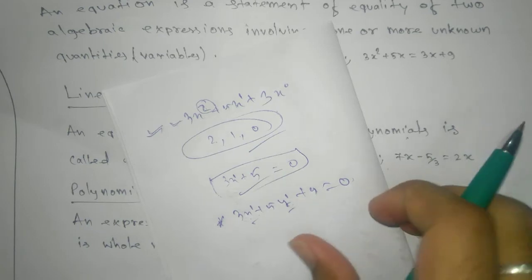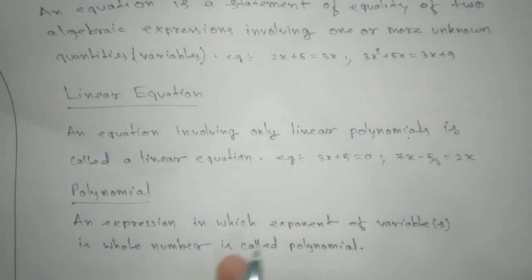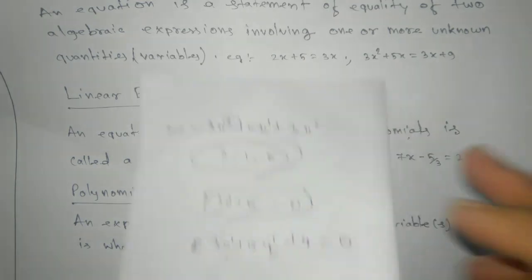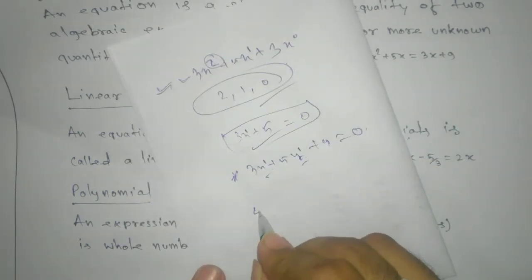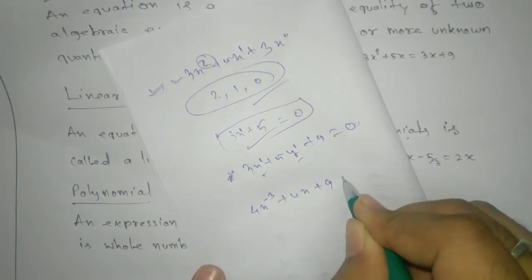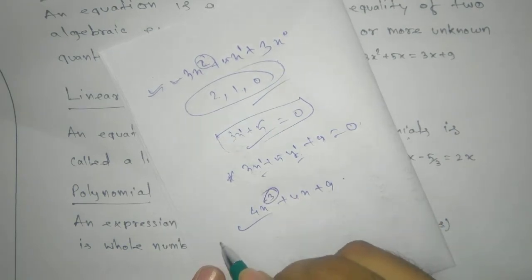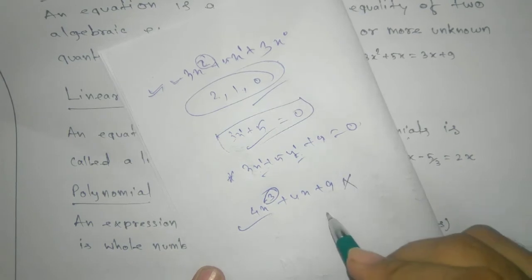So a polynomial means an expression in which the exponent of the variable is a whole number. Like if I take 4x to the power minus 3 plus 4x plus 9, is it a polynomial? No, you can see that minus 3 is there, and minus 3 is not a whole number. So this is only an expression.